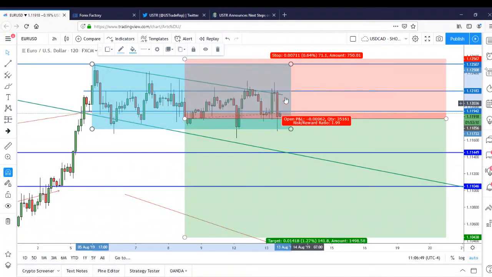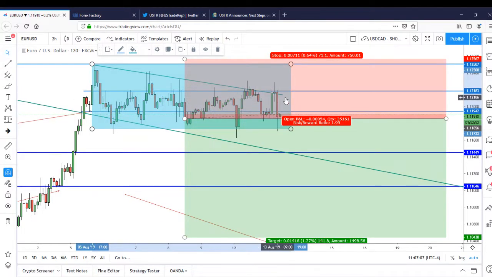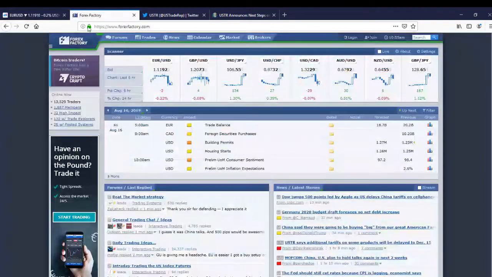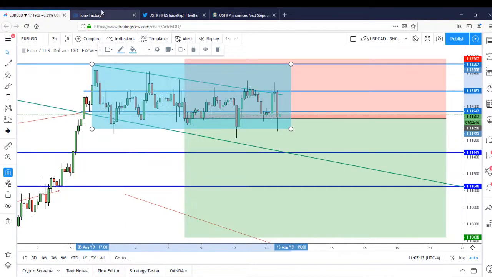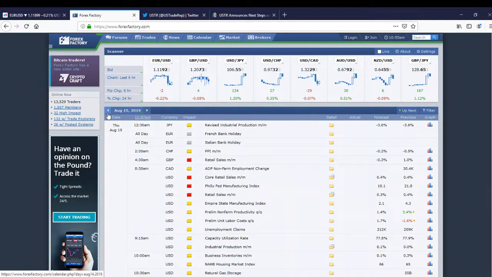So maybe it's just because the euro is dovish, and they do want to cut rates, and maybe in the future as well, maybe do another round of quantitative easing, and the dollar is already expected to cut rates as it was announced. So it's a bit of consolidation until something major happens. I thought the CPI would bring euro down finally, but it wasn't too surprising that inflation increased.